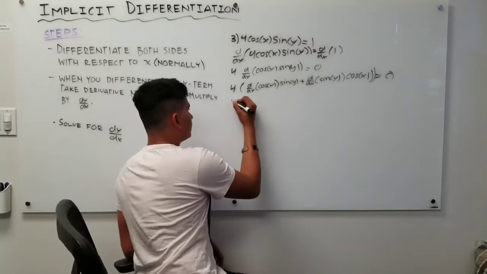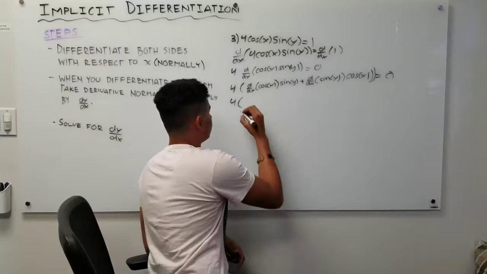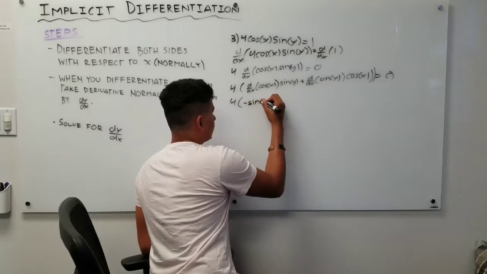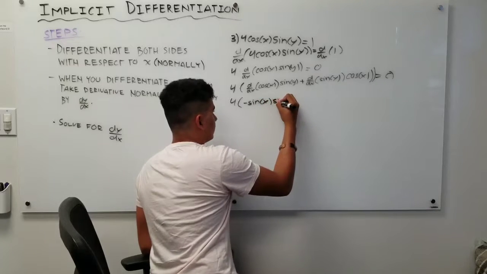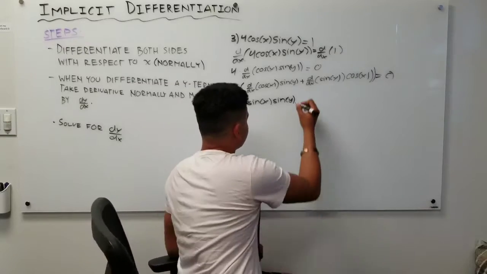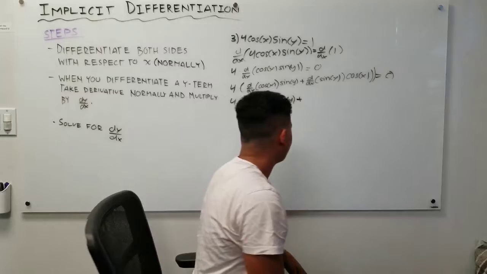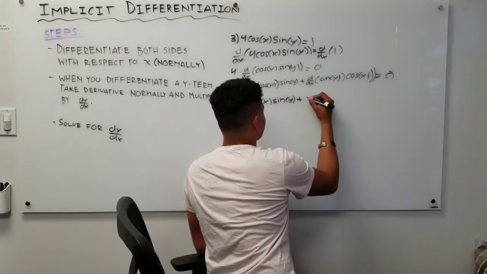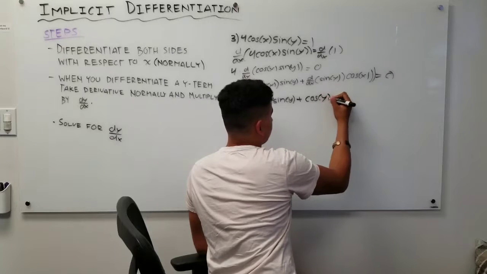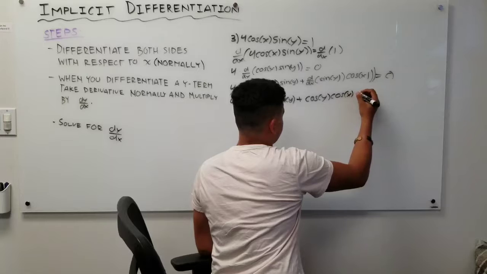So if we completely simplify this out, this would be negative sine x, just taking the derivative. So negative sine x sine y plus, this is the y term, so if you take the derivative, you're going to have to multiply dy dx. So derivative of sine would be cos y times cos x times dy dx.